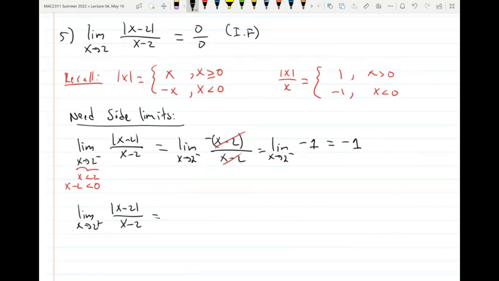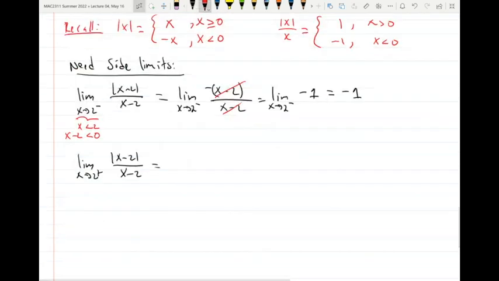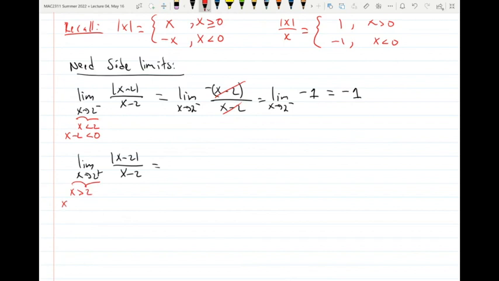Did you understand this? Now what's going to happen from the right? What do we know about x here? Greater than 2. This means x is greater than 2. So what can we say about x minus 2? Greater than 0. It's positive. Remember, we are interested in what about this guy, x minus 2. Okay? You need to know something about x, and then you can tell me something about x minus 2.